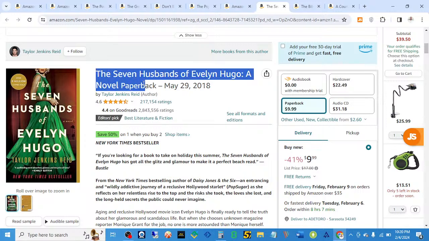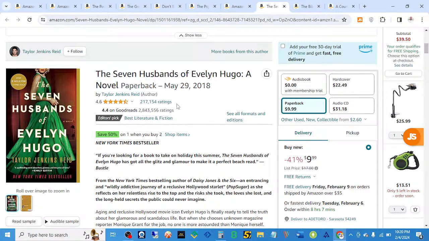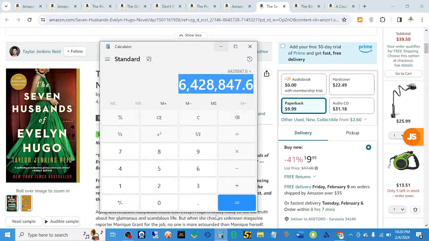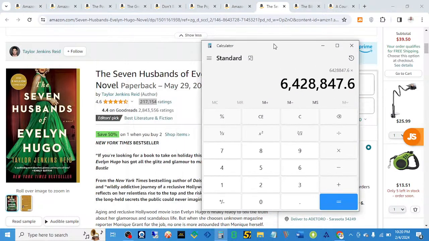Now, imagine this book has made over 217,000 reviews. Let's do the quick calculation. 217,154 multiplied by 10.